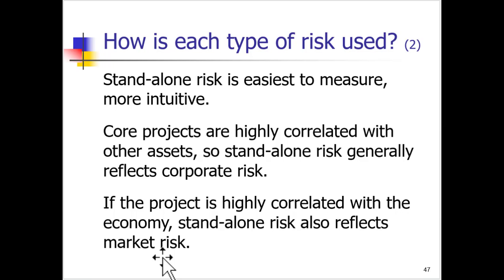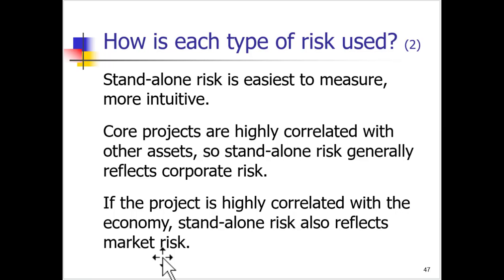So what's the answer? Well, core projects, projects that are highly related to your other company's assets, have a very high correlation. So standalone risk generally reflects very closely to corporate risk.